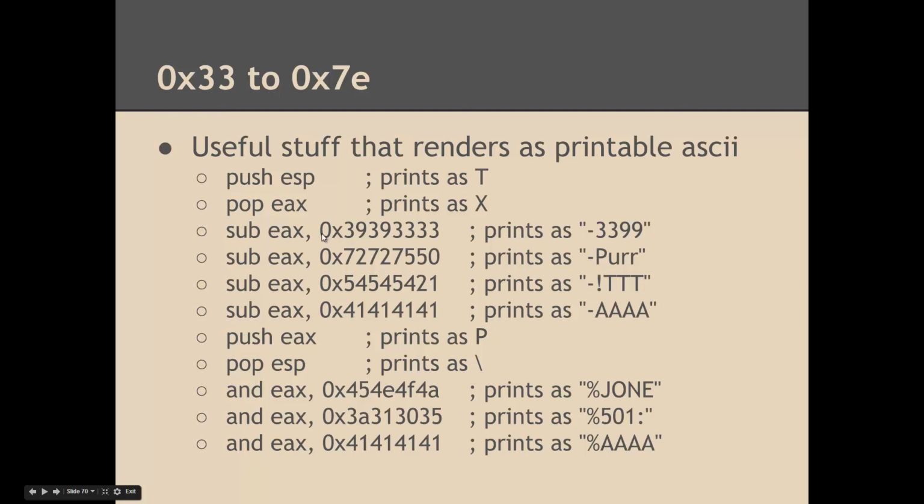Because if you just had sub EAX and then 20, that's going to be minus 3 bytes that aren't ASCII and then a space, because 20 is the hex value for space in ASCII. So these 3 bytes in between would be filtered out by the web application firewall, and it would drop that whole request and mitigate that attack.